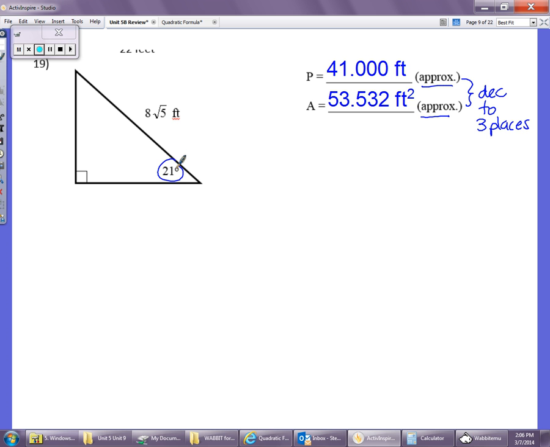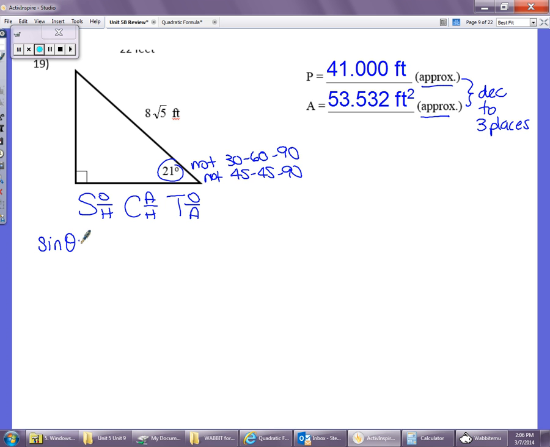So because this is not 30, 60, 90, and it is not 45, 45, 90, we have to use SOHCAHTOA. Okay, remember, in order to get all your points, make sure you show the formula. Then you show your plug-in. Now your opposite is going to be this side. We'll call it X, or you can call it H for height.